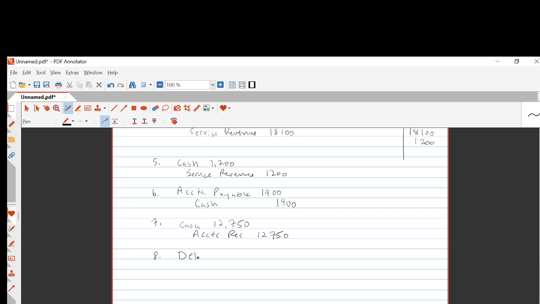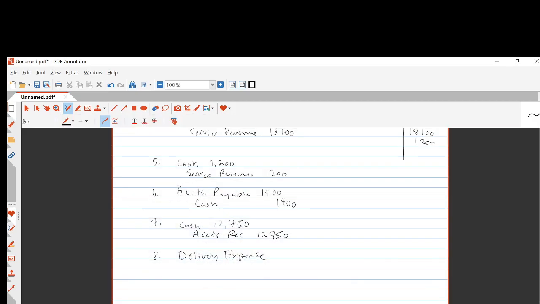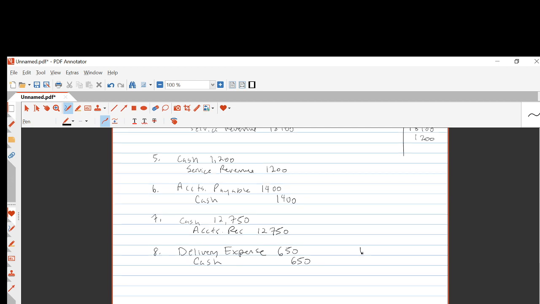The delivery expense goes up. We increase expenses with debits. So we'll debit delivery expense for $650. Cash goes down. We decrease cash with a credit. Credit cash for $650.